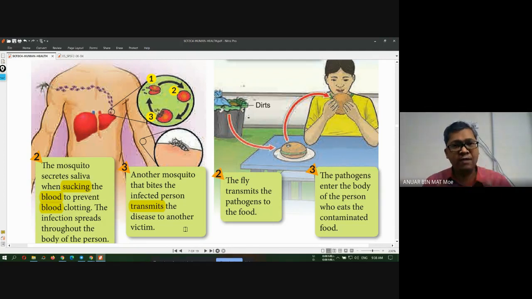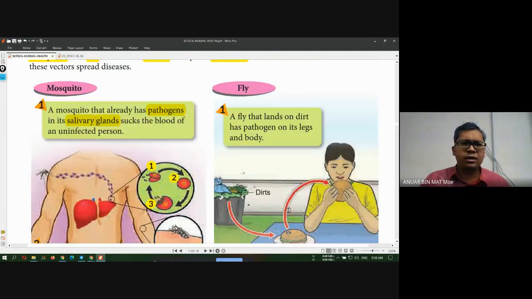The mosquito may or may not have the virus, but it is just a precaution step for you to take. Okay, so that is mosquito.